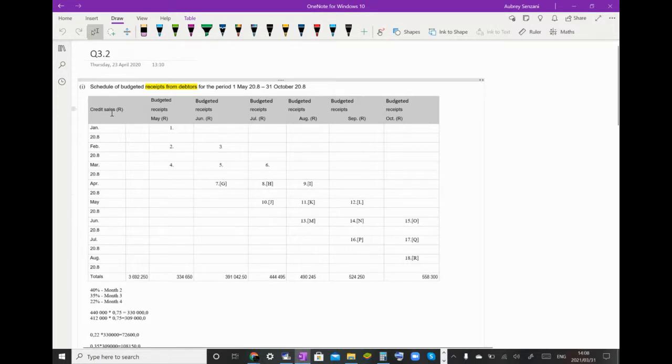So the first thing that we want to do is write that out, May all the way to October. We're going to start with the budgeted receipts for debtors, the debtors age analysis. Then up top it says the following are total sales and total purchases figures for Pulele Incorporated for the past 4 months.